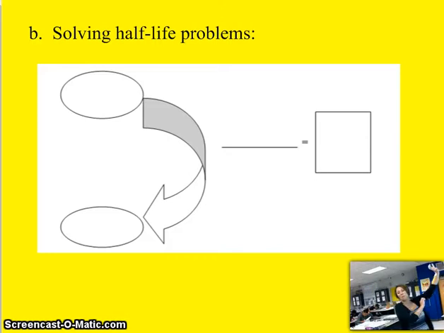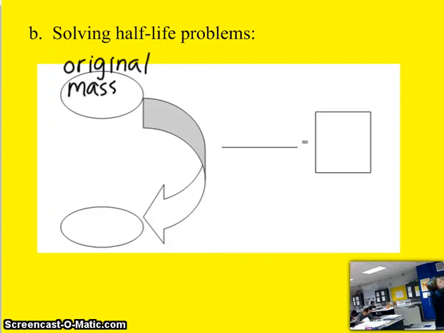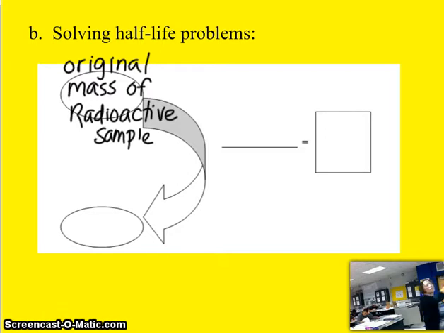The circles are mass. So in the top circle is the original mass of your radioactive sample. You do not use the mass of the isotope here.